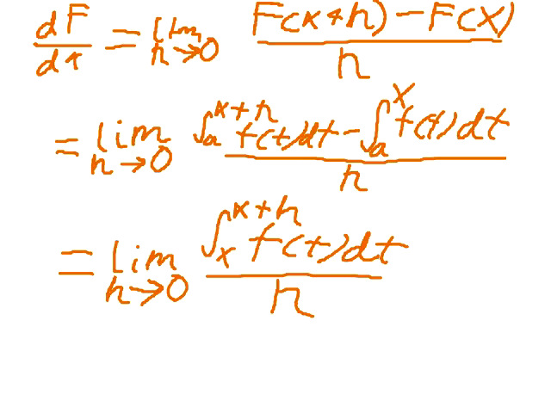If we plug in what F of x plus h equals and F of x, we get the limit as h goes to 0 of the integral from a to x plus h of f of t dt minus the integral from a to x of f of t dt, all over h. This reduces down to the limit as h goes to 0 of the integral from x to x plus h of f of t dt all over h.